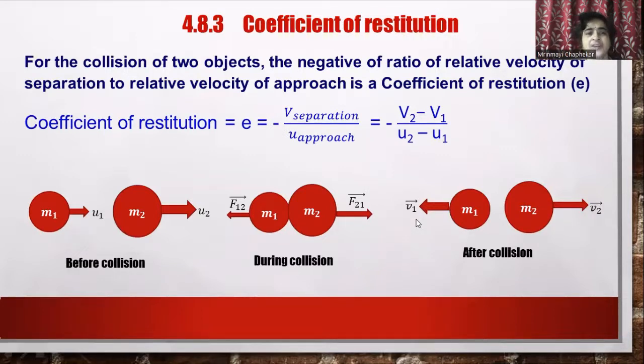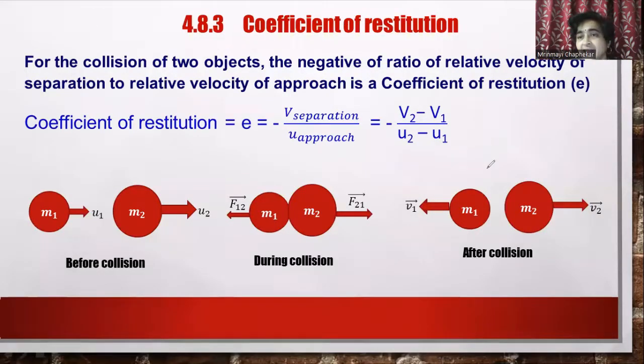So coefficient of restitution is defined as negative of velocity of separation to velocity of approach.